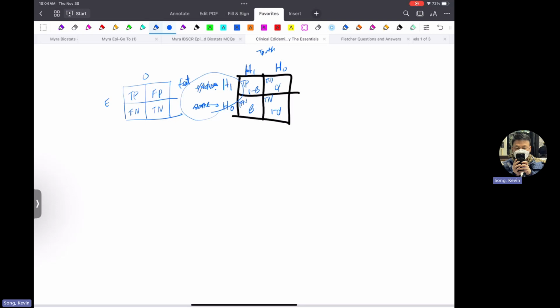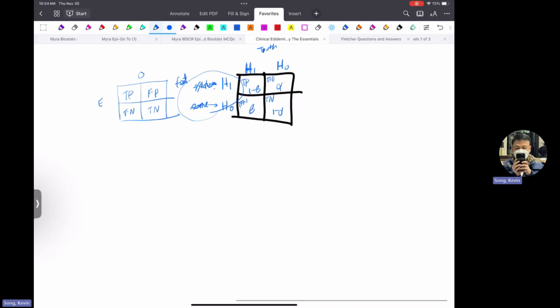Let me label this. This is the 2-by-2 table, right? Beta is the type 2 error, alpha is the type 1 error, and 1 minus beta is the power.